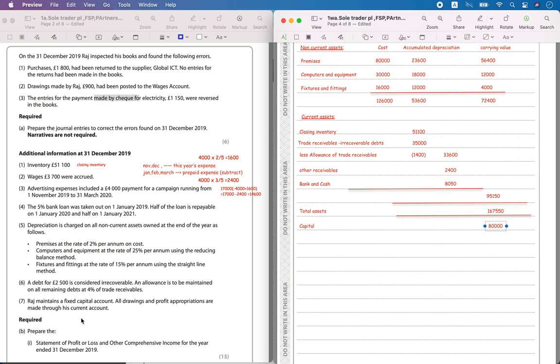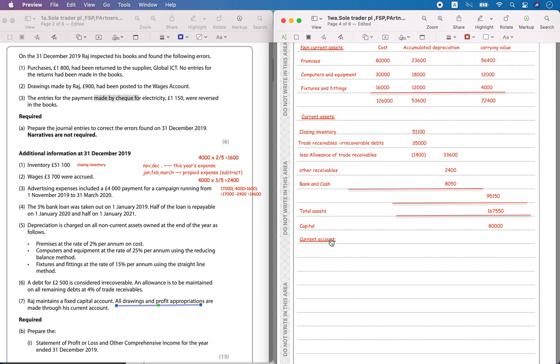And next we have to include the current account. He maintains a fixed capital account. All drawings and profit appropriations are made through his current account. His current account had already got a balance, so we start off with the current account balance which was given for Raj.